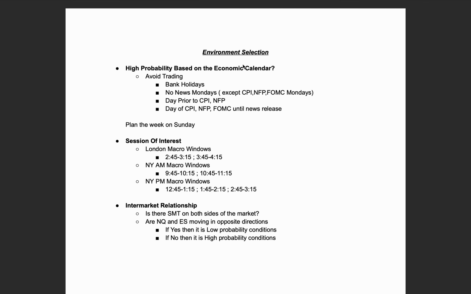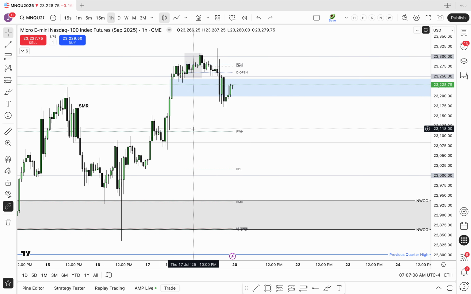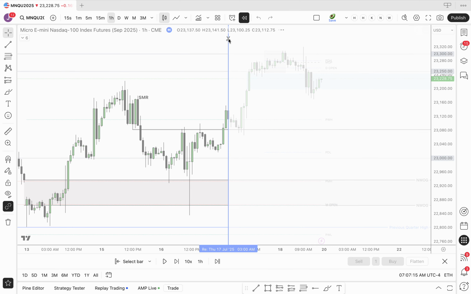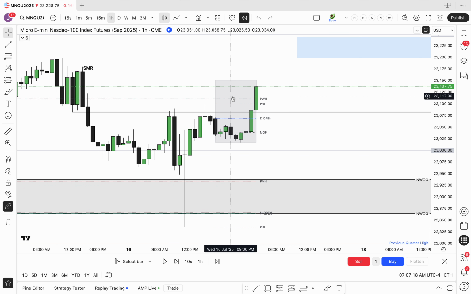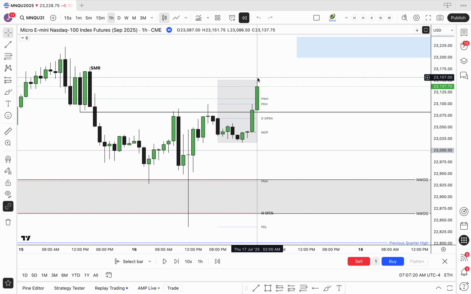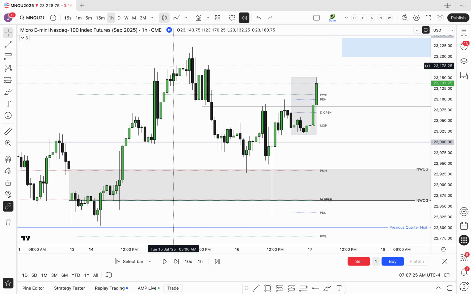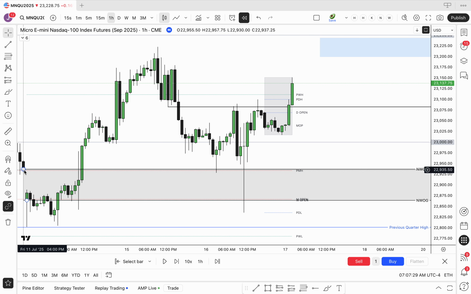So basically, I'm going to go to the hourly chart, and for instance, on Thursday, it was super clean and super obvious. So at the beginning of the week, we were using new week opening gap.